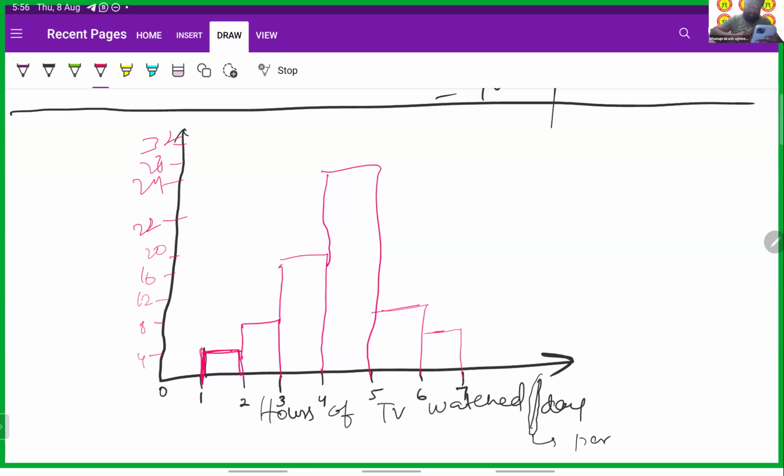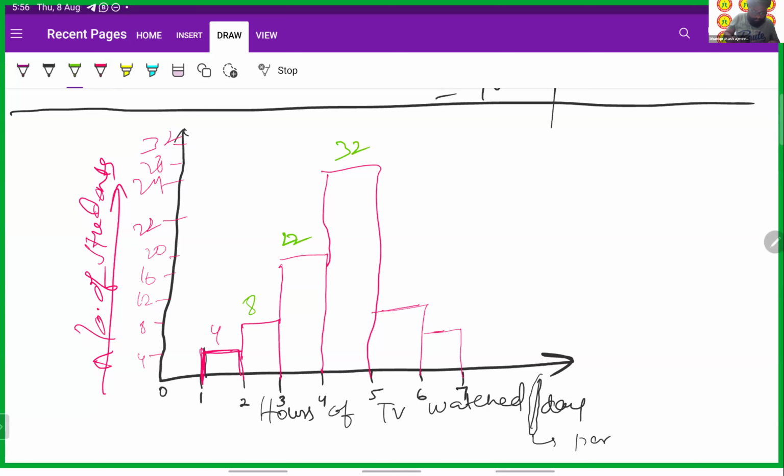This is the scale they have given, and this is the number of students. So what they are telling here is this is 4, this is 8, this is 22, this is 32, this is 8, this is 6.